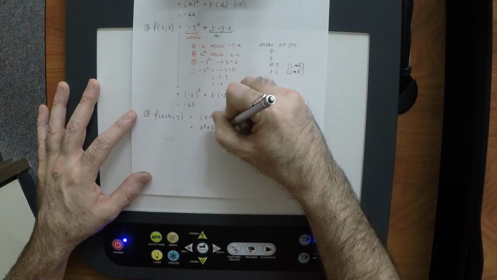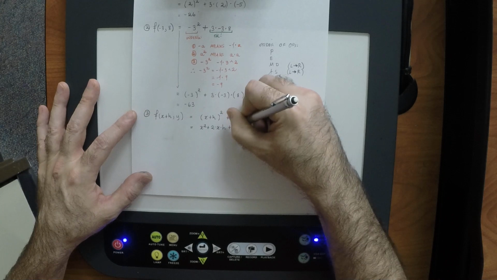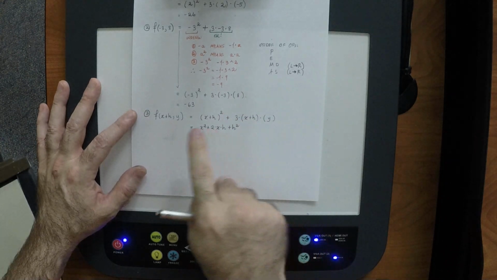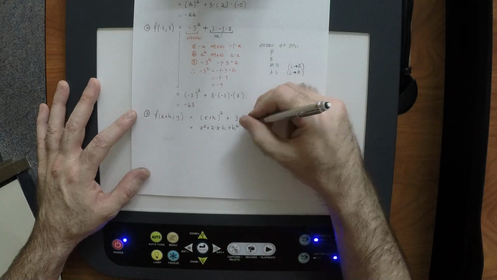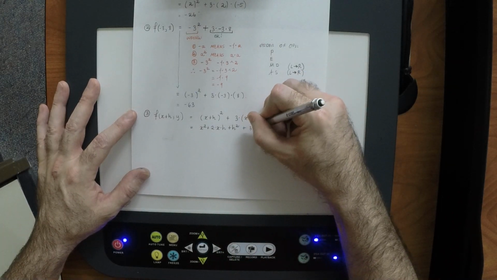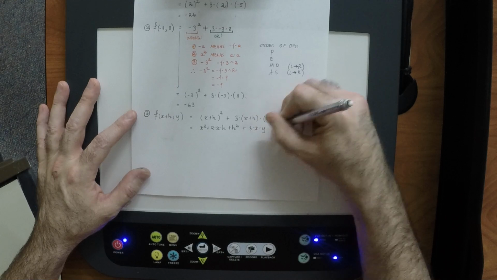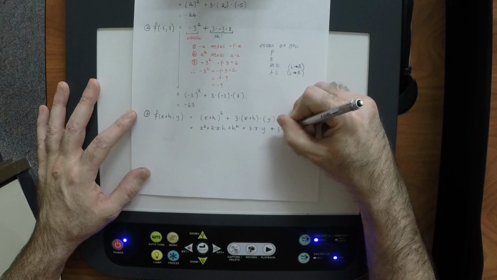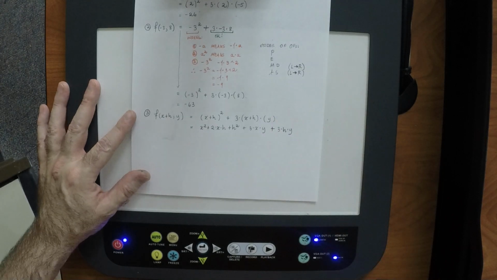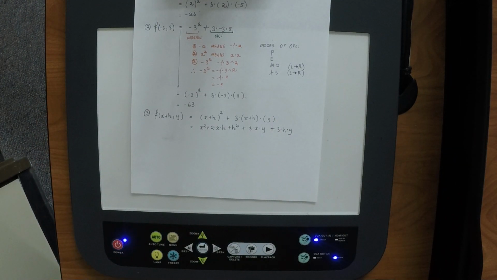Very good. Then distributing all that out, that would be 3xy, and then plus 3hy. Okay, very good.